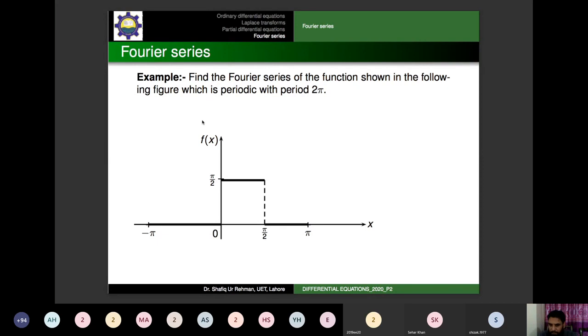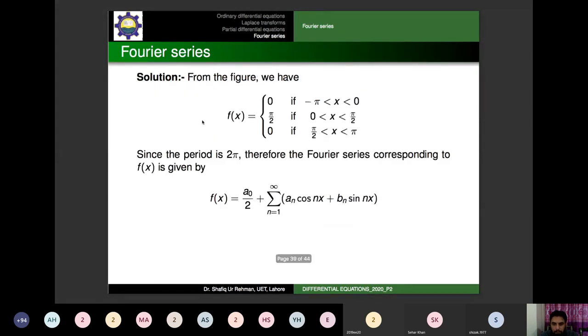We write down the expression first, and then from the expression, we look into the Fourier series. The only thing that you need to take care about is to split the interval from minus pi to pi into 3 pieces, minus pi to 0, 0 to pi by 2, and then from pi by 2 to pi. So this is all. You have to calculate a naught, an, and bn.